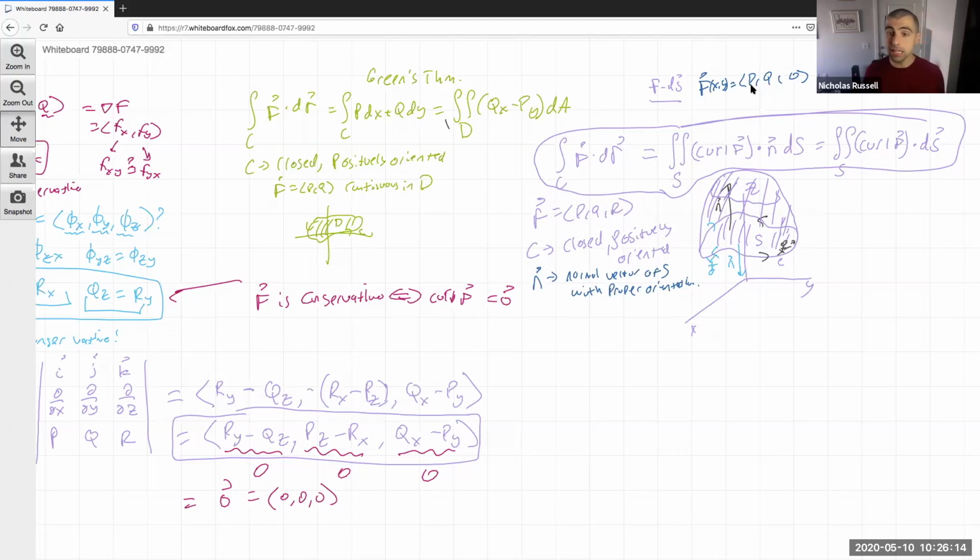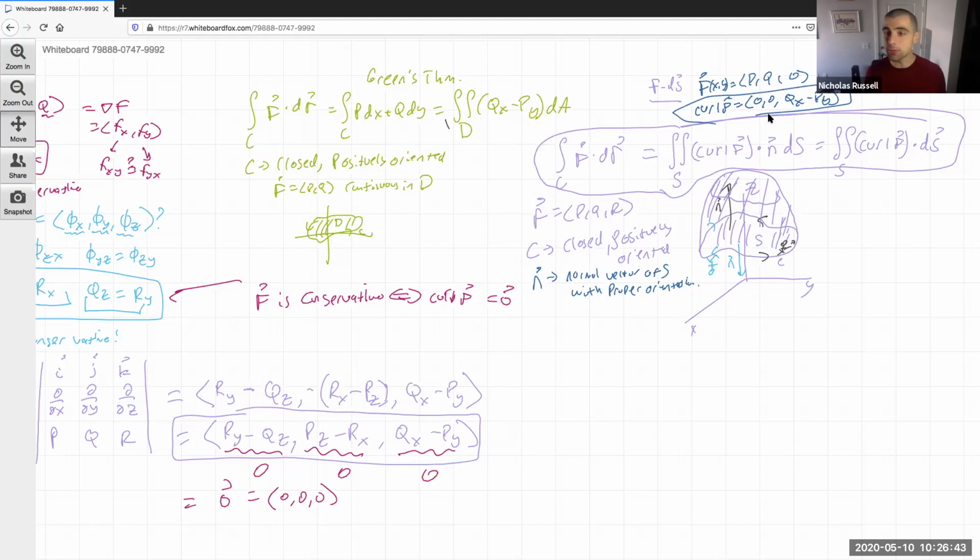What's really interesting is this curl then becomes, well, this R here is 0. Q is not dependent on z, so this entire thing will become 0, and I'm just left with the curl of F being equal to 0, 0, Qx minus Py.